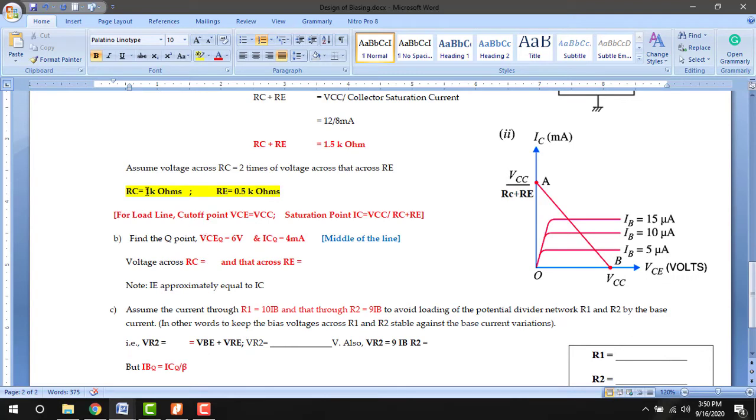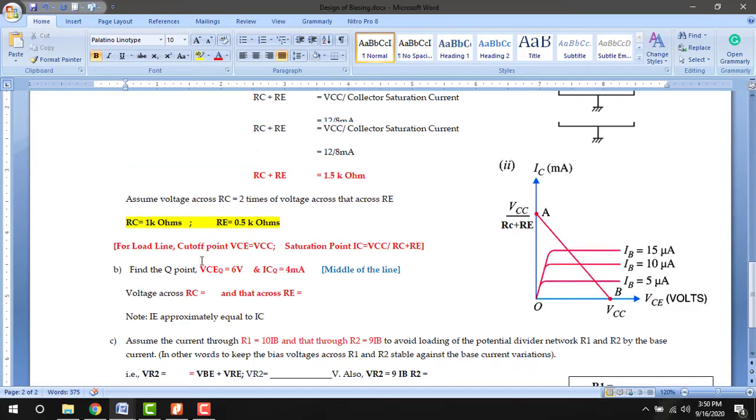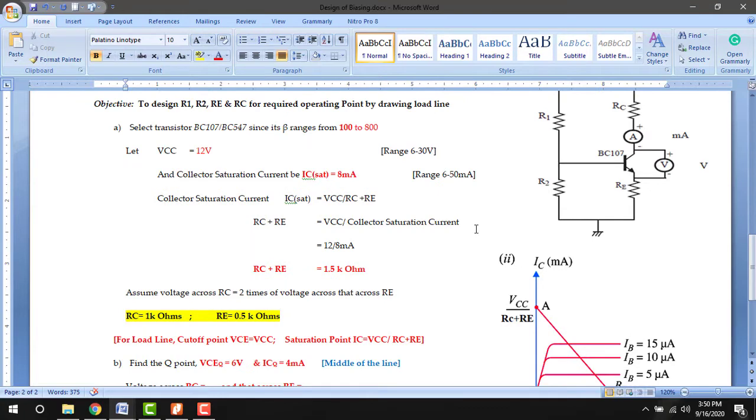Then we have the resistance values RE and RC. The formula for the voltage drop across RC is V is equal to IR.